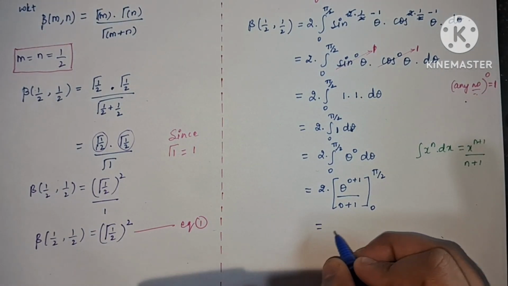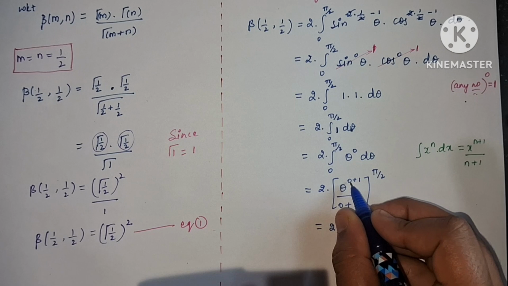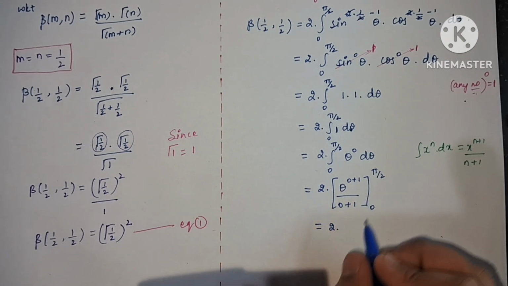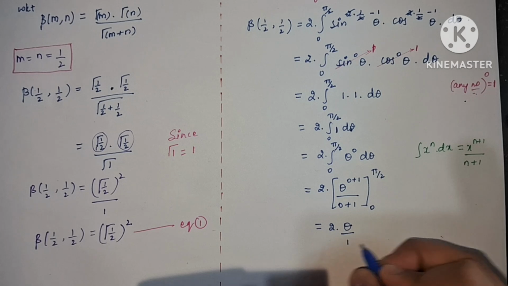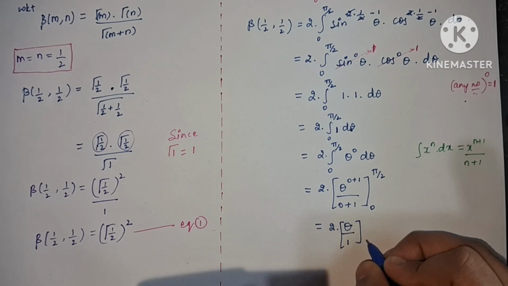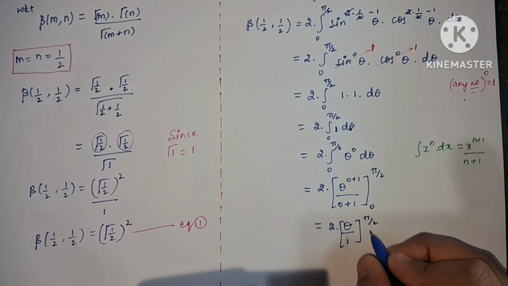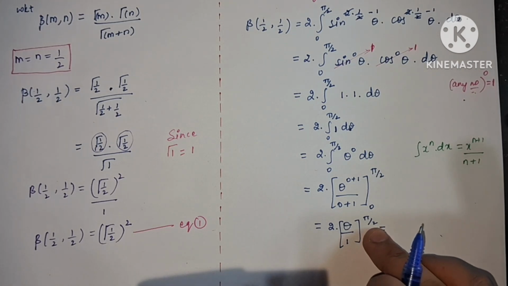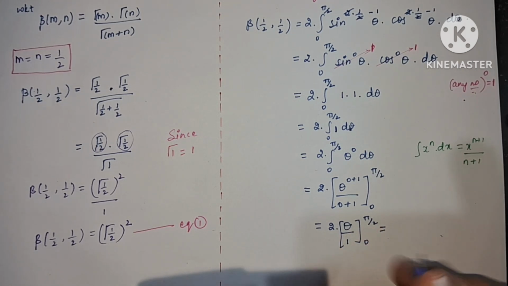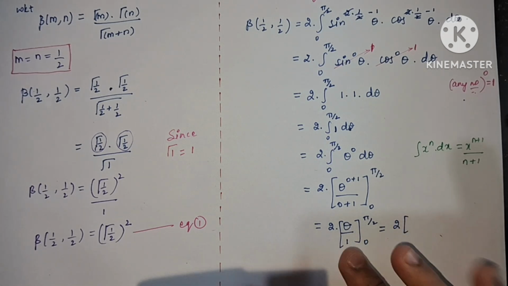Look at here. What does this become? 2 times theta, since 0 plus 1 is 1. Theta to the power 1 is theta itself, divided by 0 plus 1, which is again 1. The limits are pi by 2 and 0. First I have to substitute the upper limit minus the lower limit. The variable here is theta, so 2 times, within the bracket, theta.